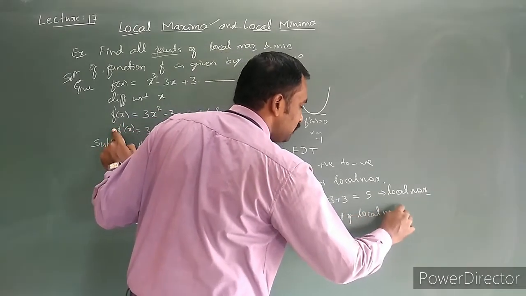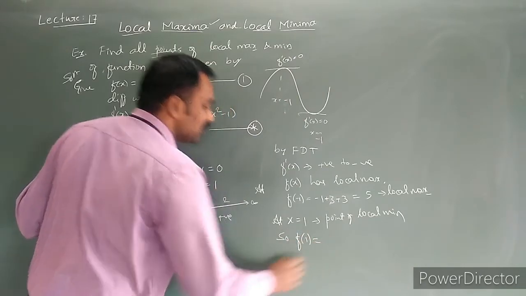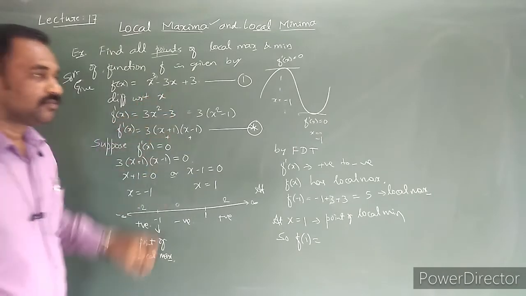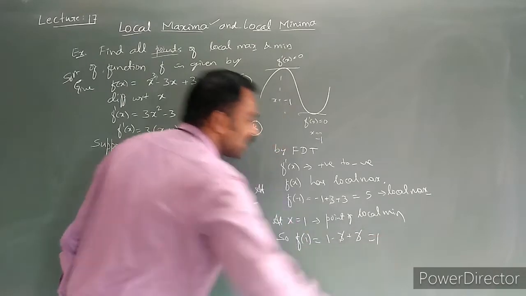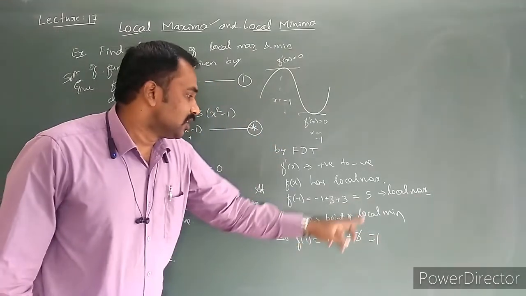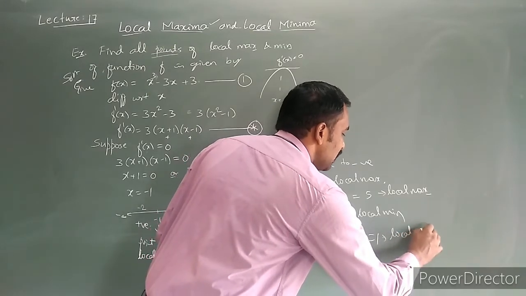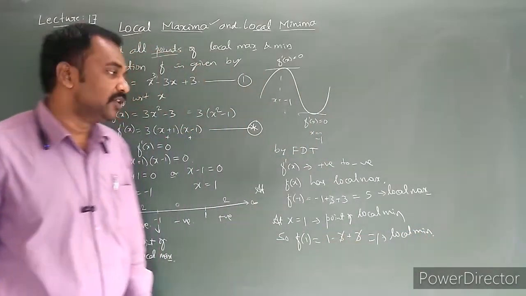So the local minimum value is f of 1. f of 1 is 1 minus 3 plus 3, minus 1, which is equal to 1. Therefore, 1 is the local minimum value.